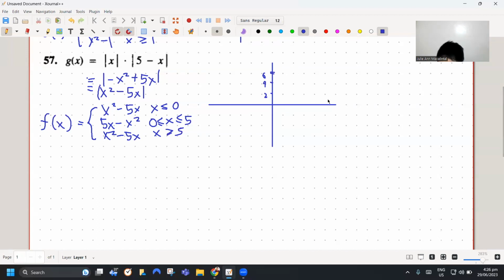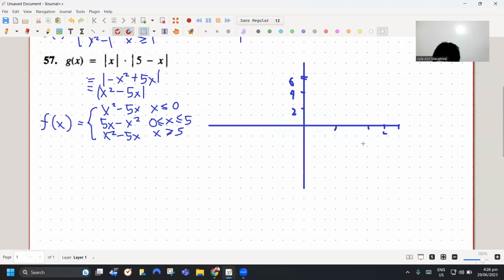So alam mo, okay lang mag-graph ng mas malaki. Wala ka namang paper na sinasayang dito eh. Okay. Tapos gamitin mo yung scale. May dotted scale naman tayo, di ba?